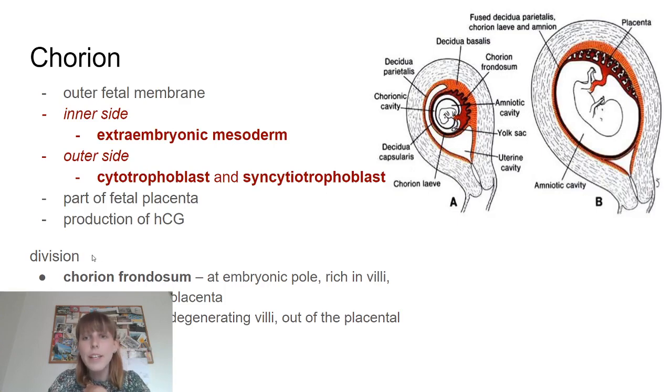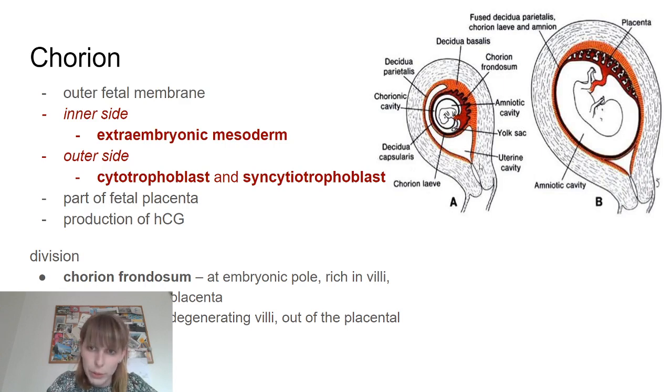And in the same way as we divided the decidua, so that we had decidua basalis, parietalis, and capsularis, the chorion is also divided based on where it's located relative to the embryo. At the place where the blastocyst originally nidated, where it made the nest inside the wall of the uterus, which is also called the embryonic pole, you have the embryo inside the uterus.